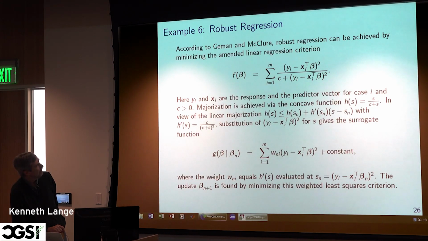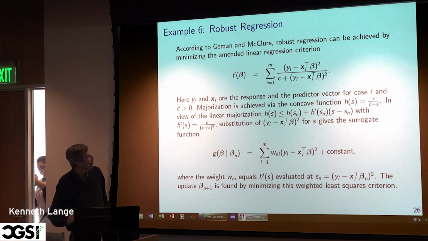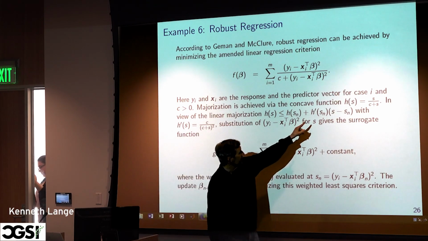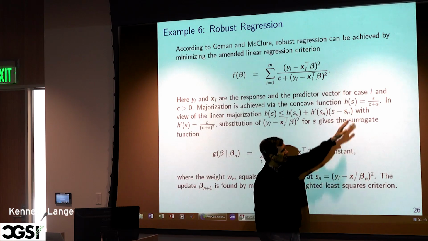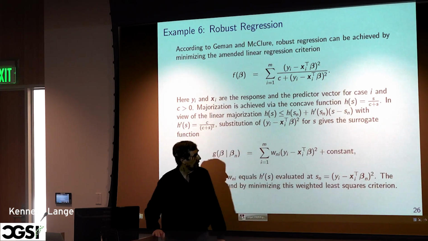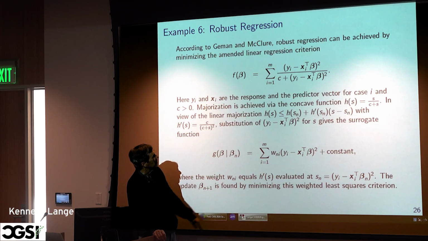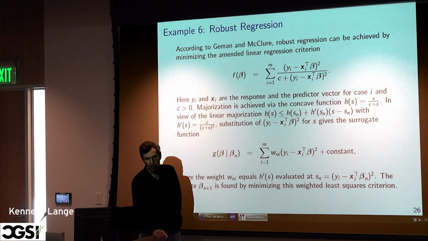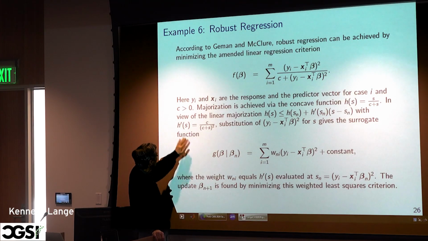The upper bound of one of those terms is actually 1 when the residual squared goes to infinity. Now, we're going to look at this problem. Here is h. We want to study this function h of s. And you can imagine we're going to replace s by the residual squared. Here's the derivative.